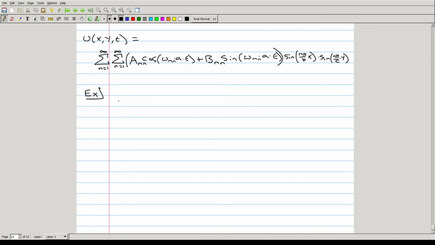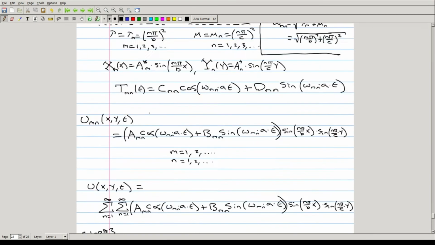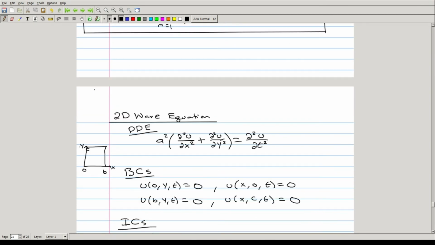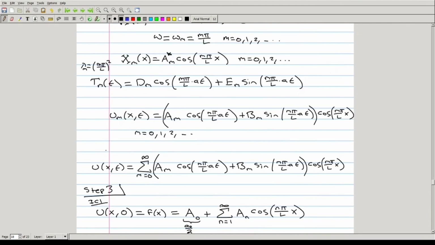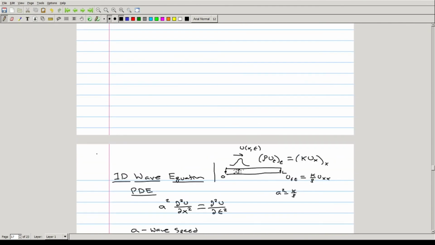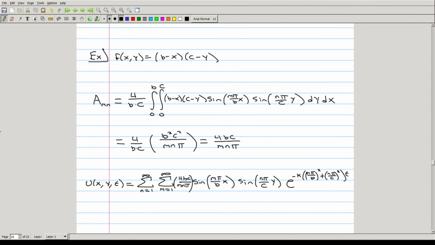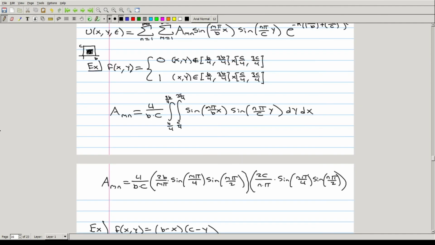The first example that we'll consider is f of (x, y) equal to that piecewise function that we used before, which is 1 on a small rectangular box inside this region right here. And we'll also set the initial velocity equal to 0. Because for this example, we already calculated the A_mn's in the 2D heat equation example.